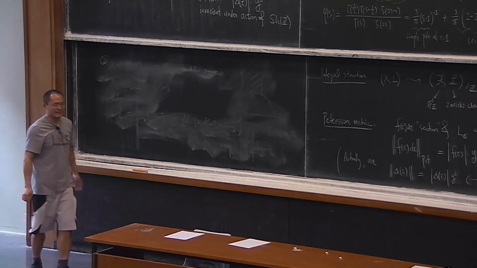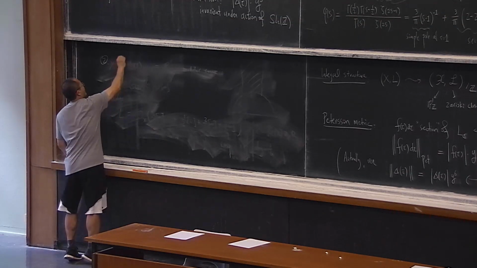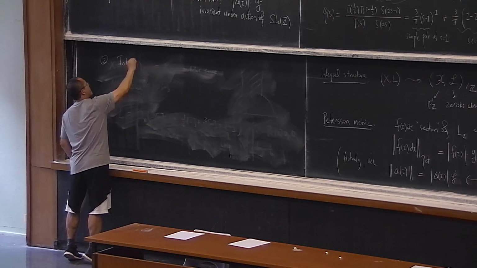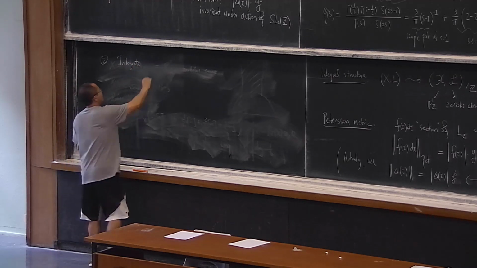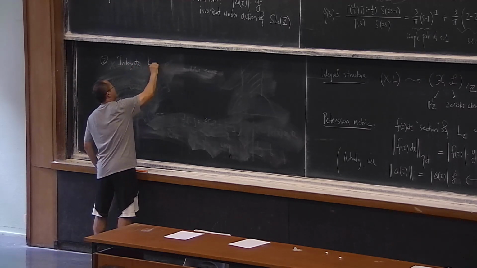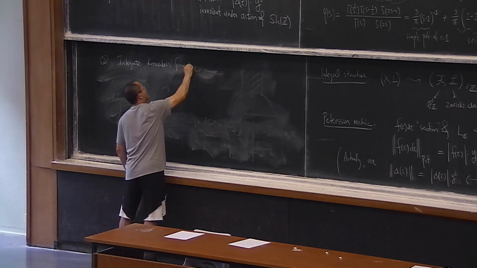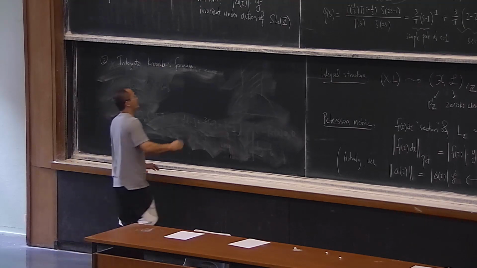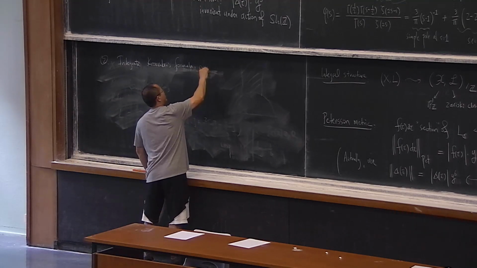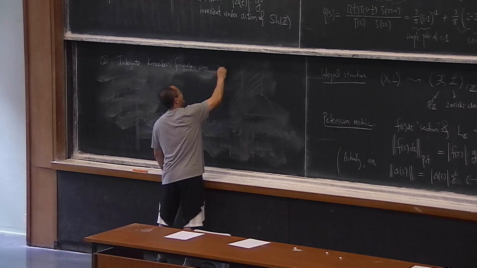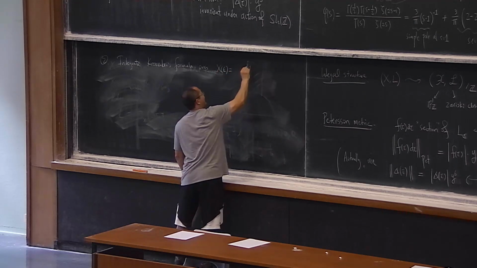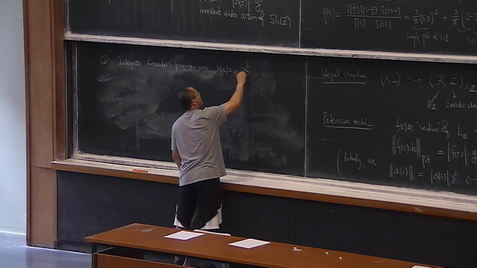Now the second part is integrate Kronecker's formula over Xc. Xc is just h mod SL2(Z).